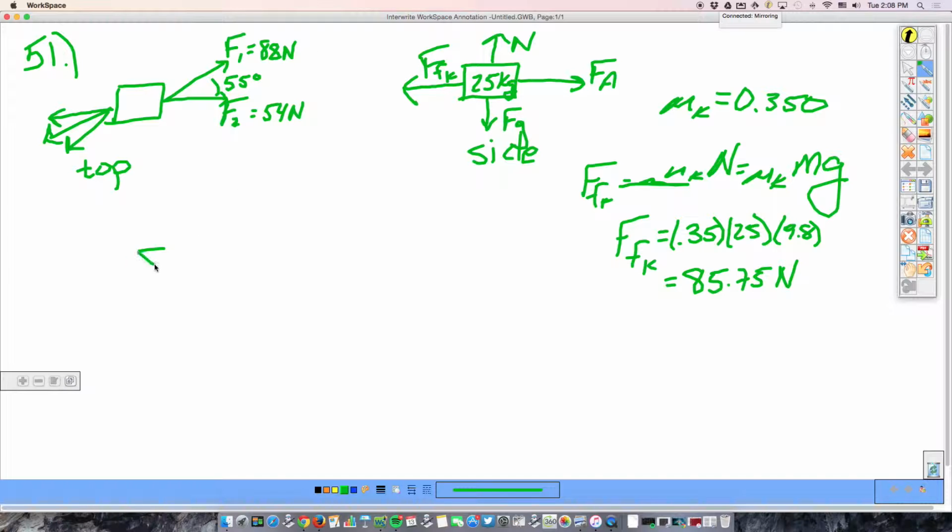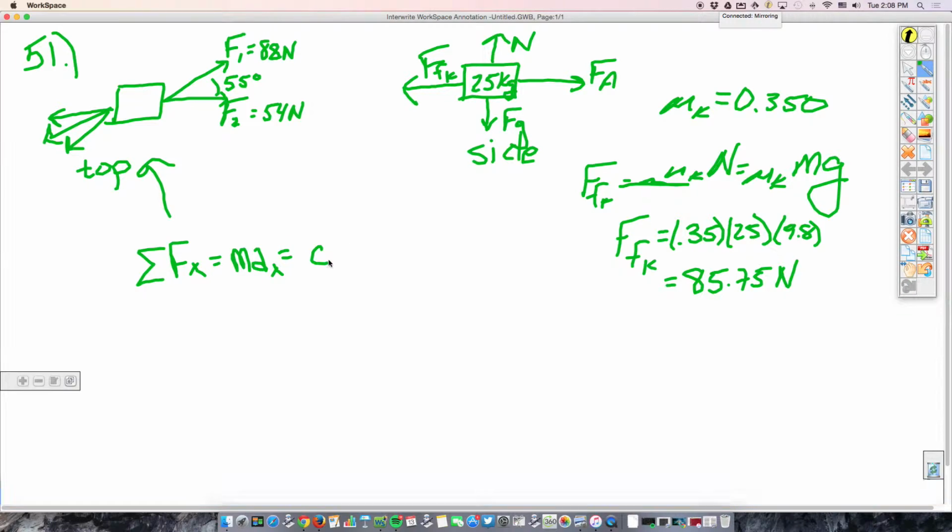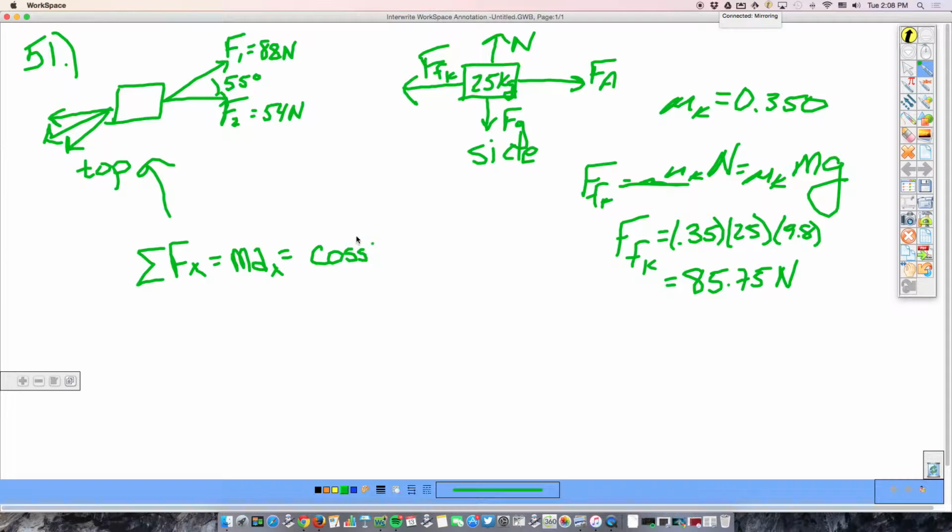So if I sum up all the forces in the x direction, according to my top view, I'm going to have mass times acceleration in the x, and I'm going to have then the cosine of 55 times 88 plus the 54 newtons.